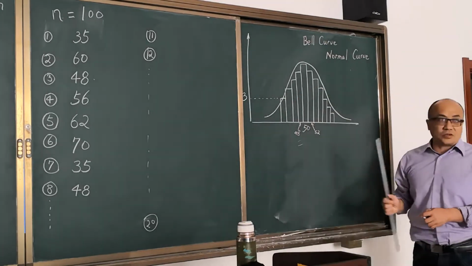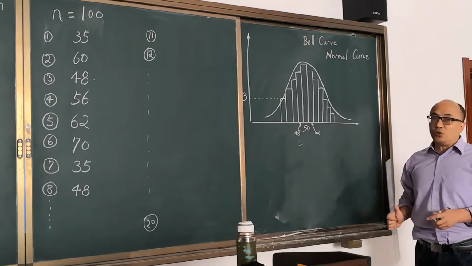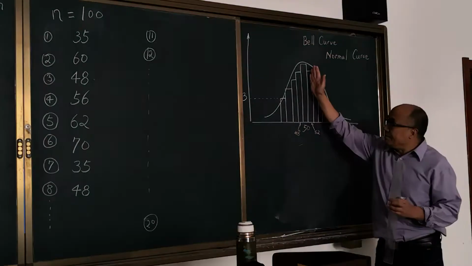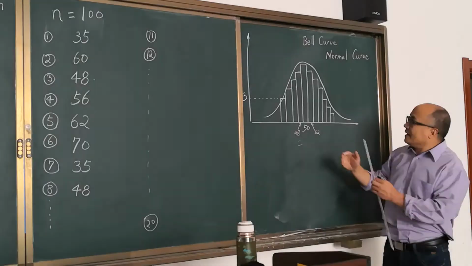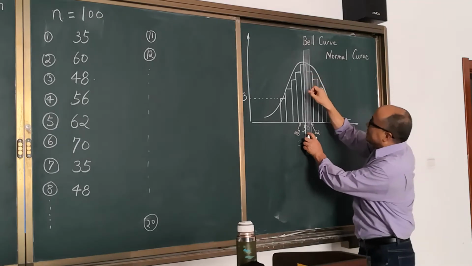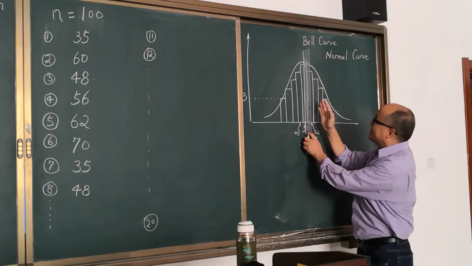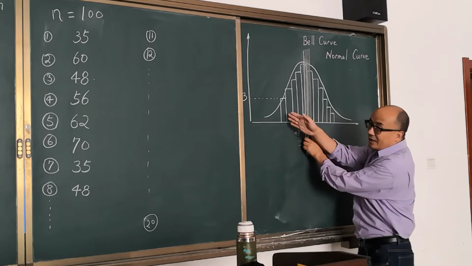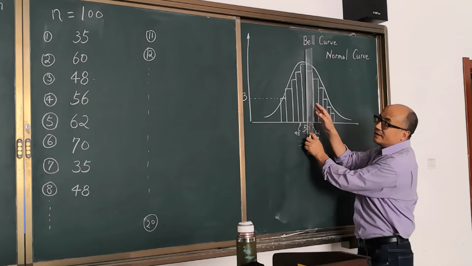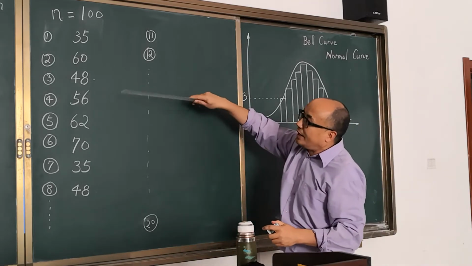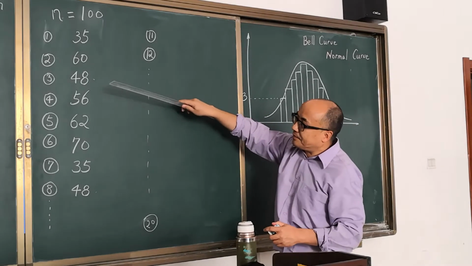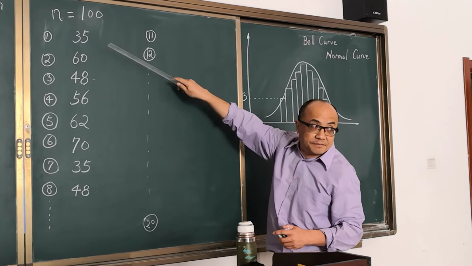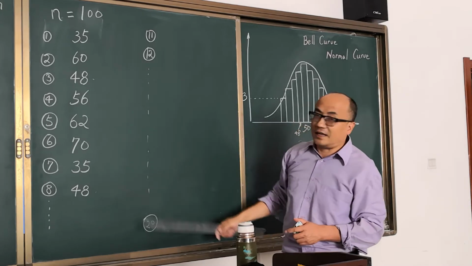When anything is random, you will get this bell curve. It's symmetric. There's an equal chance you will hit higher or lower. You have an equal chance of being more than 50, and an equal chance of being less than 50.